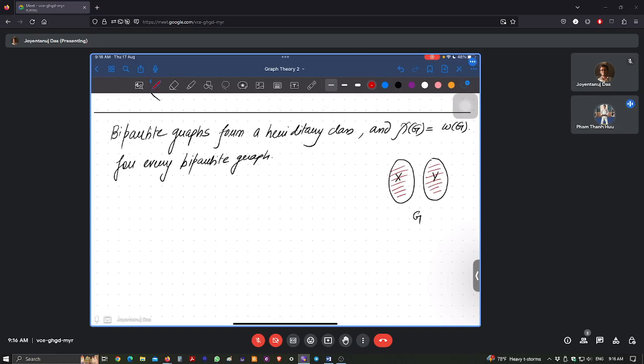So the clique number, omega of G, is 2, and the chromatic number is also 2.